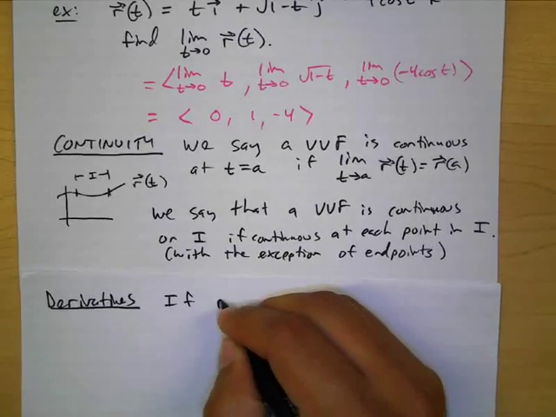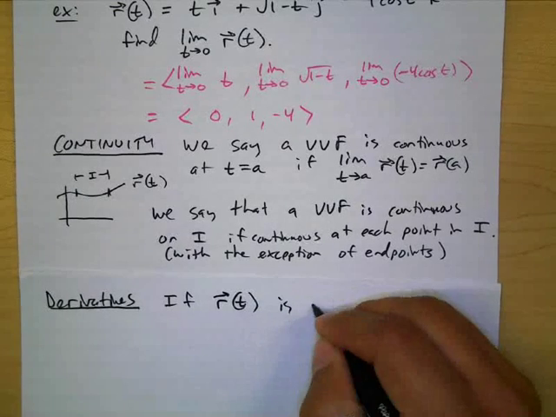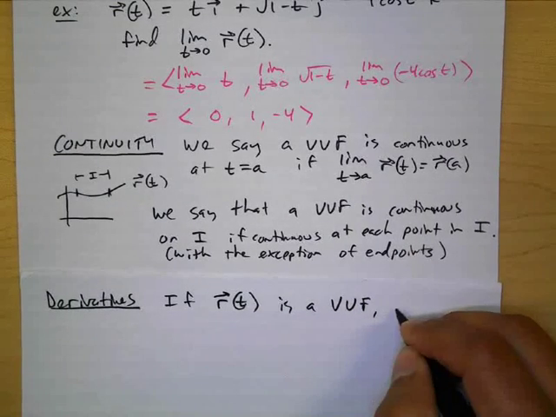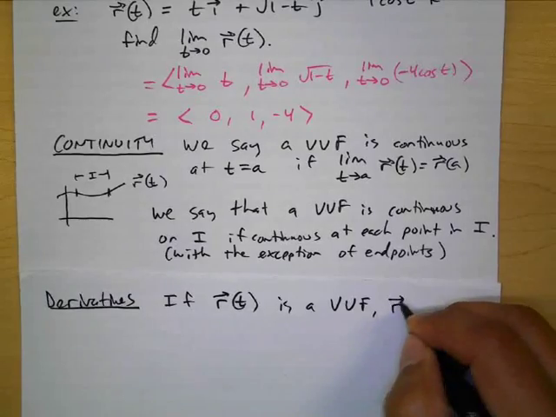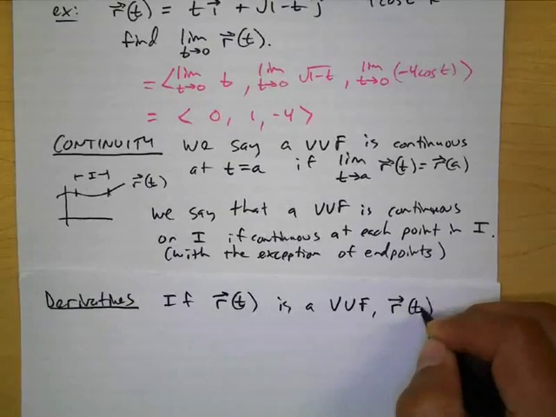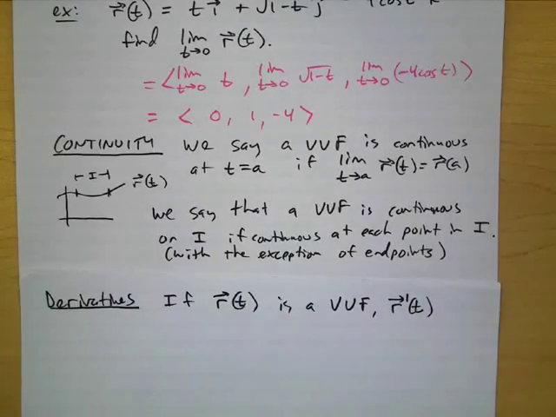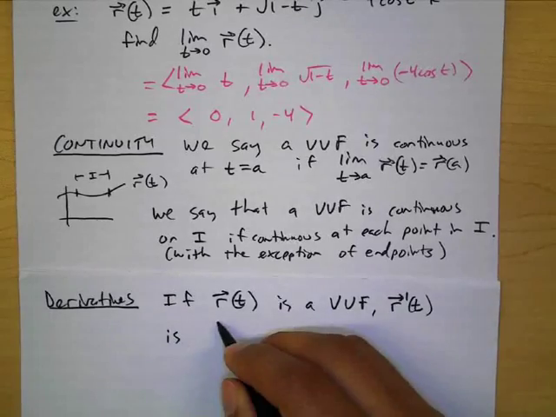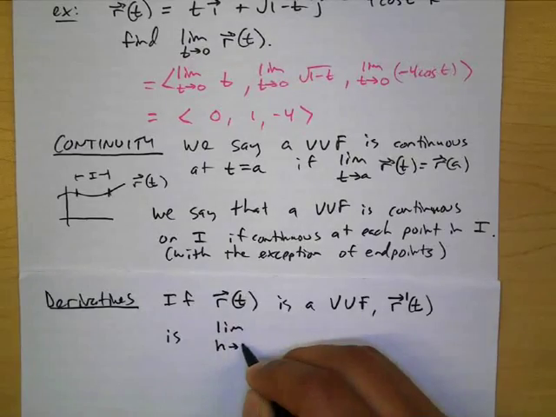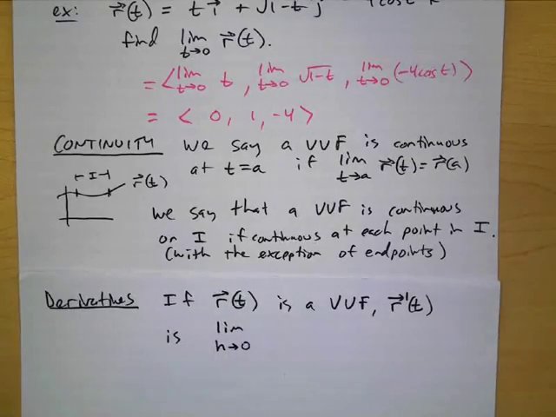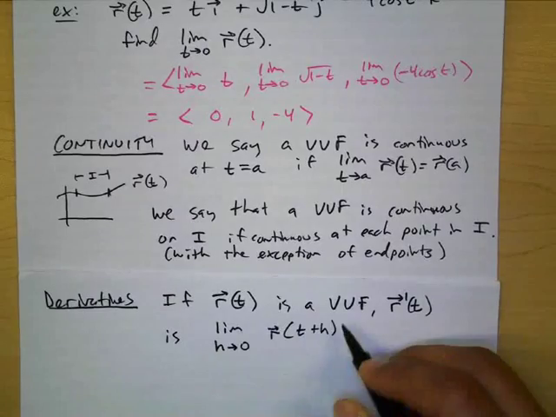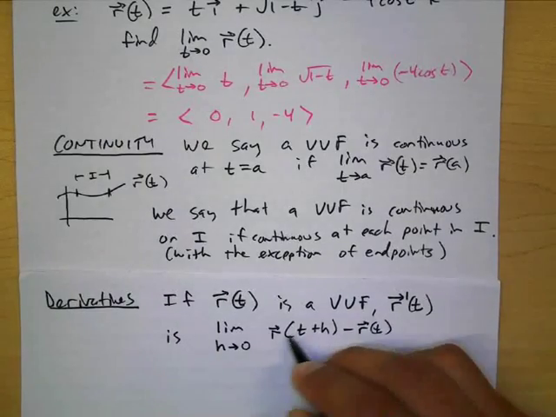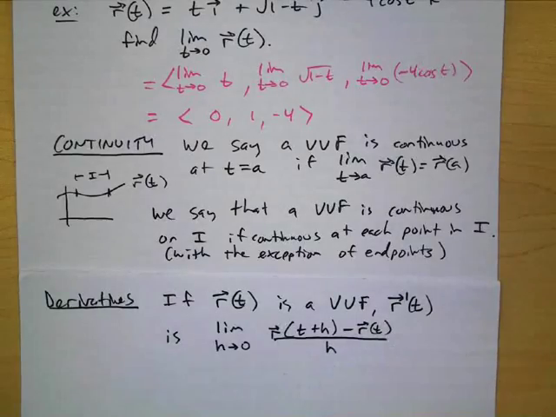If r of t is a vector-valued function, the derivative of r with respect to t, which we'll just use a little prime notation, is the same thing as finding the limit as h approaches 0 of r of t plus h minus r of t, all over h. Very good. The definition of the derivative.